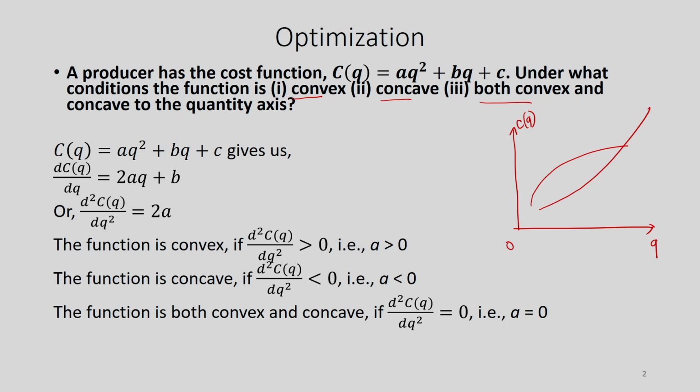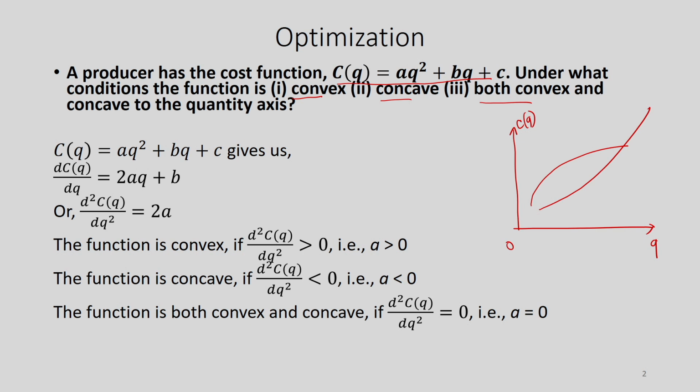We want to find out, given this particular form, C(Q) equals aQ squared plus bQ plus c, this is a polynomial function. Under what condition does this polynomial function represent a convex cost function? That is part 1.